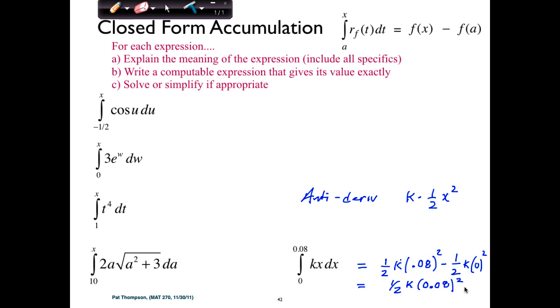So yes, sometimes you plug in 0 and you get 0, but not always. Okay? So quickly, what do you recognize this as now?